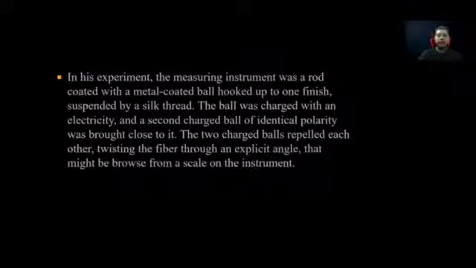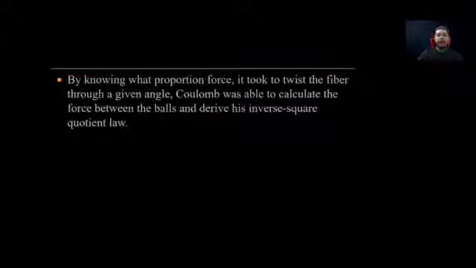The two charged balls repel each other, twisting the fiber through an angle that could be read from a scale on the instrument. By knowing how much force it took to twist the fiber through a given angle, Coulomb was able to calculate the force between the balls and derive his inverse square law.